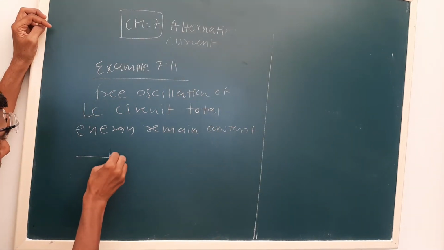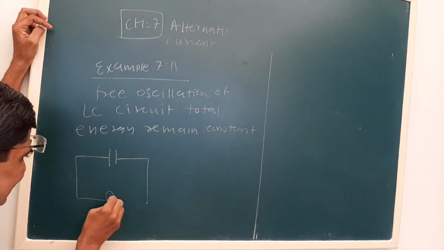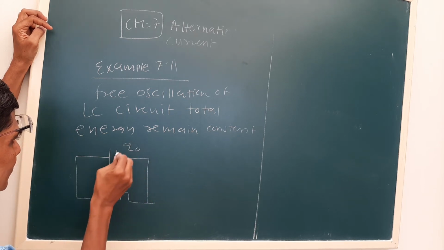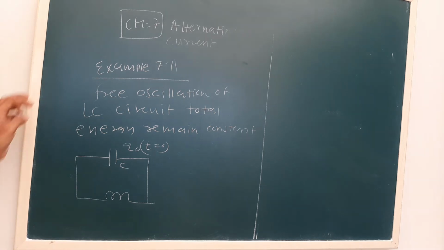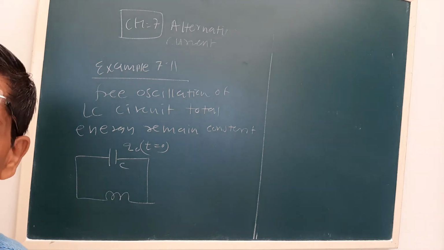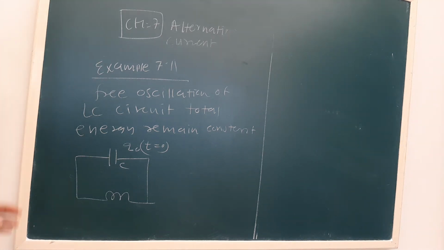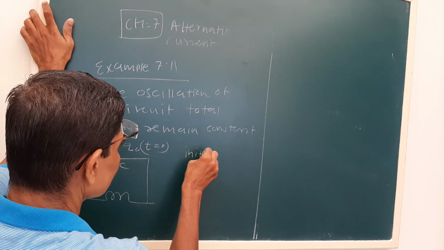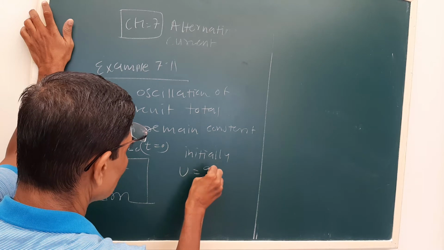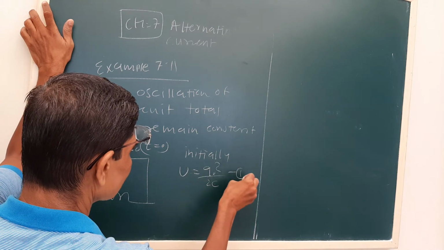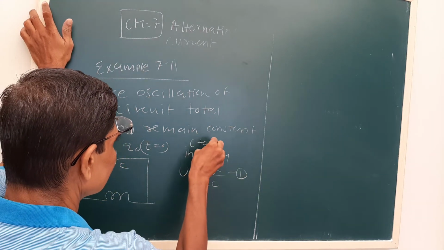Now, while discussing the LC oscillation, at t equal to 0, the charge on the capacitor we assume to be 0. So at that time, all the energy was in terms of the electric field. So initially, U is Q0 square by 2C. That is the total energy.